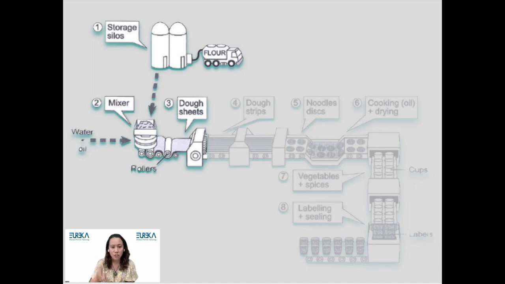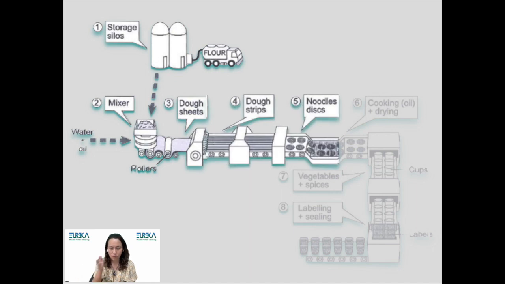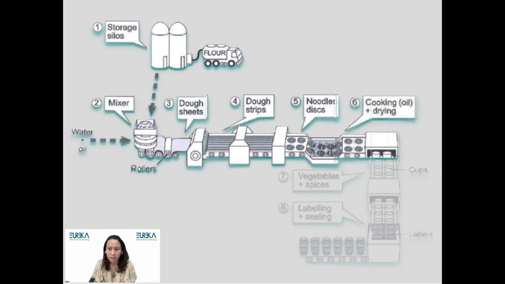And after that, sheets become strips. From sheets to strips, there will be one stage, and from strips to discs, there is also another process. So these are step-by-step processes, right? And after that, we also add cooking oil, plus drying.